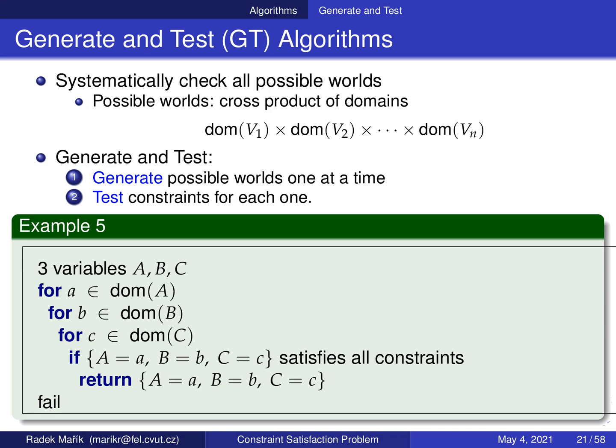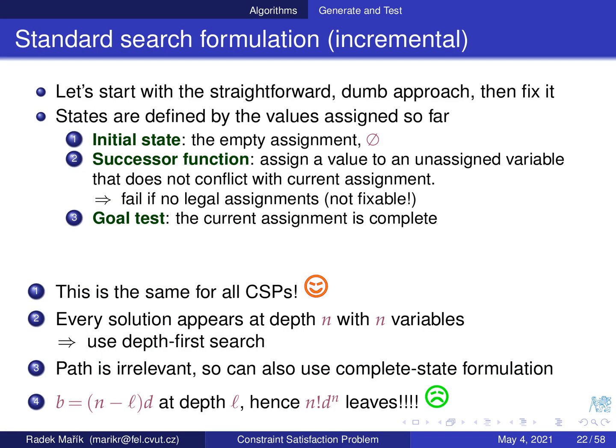If they are satisfied, return the solution. If not, you continue in those loops. In Python, instead of going through a huge number of for loops, you can generate those combinations using, for example, generator functions.